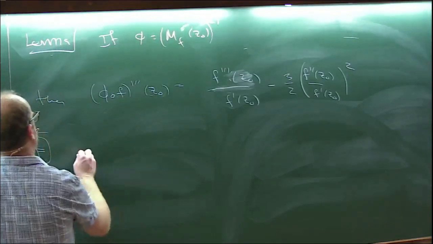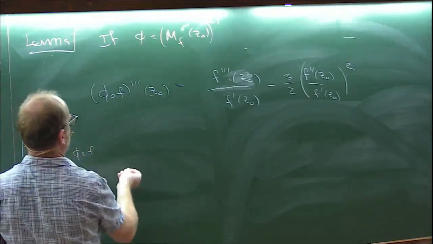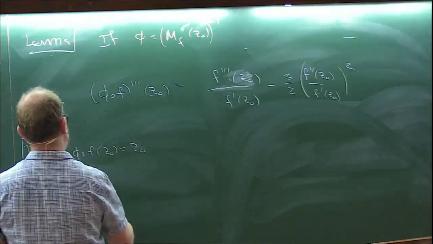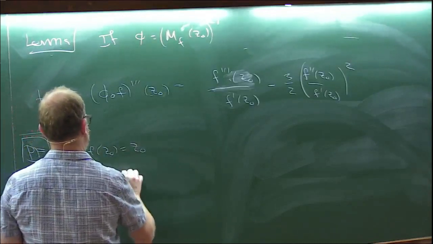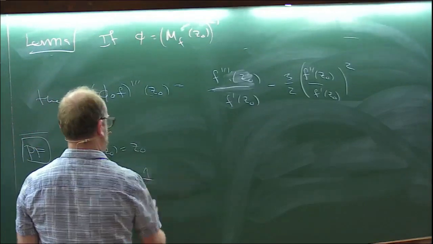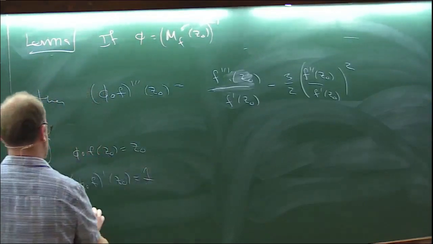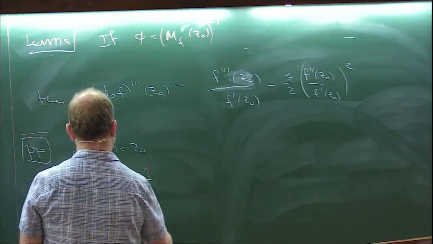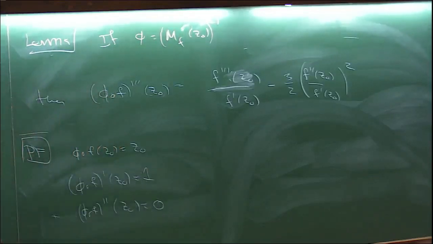So what do we know? For example, phi composed with f at z naught equals z naught. The derivative of this at z naught is 1. The second derivative of this at z naught is 0.